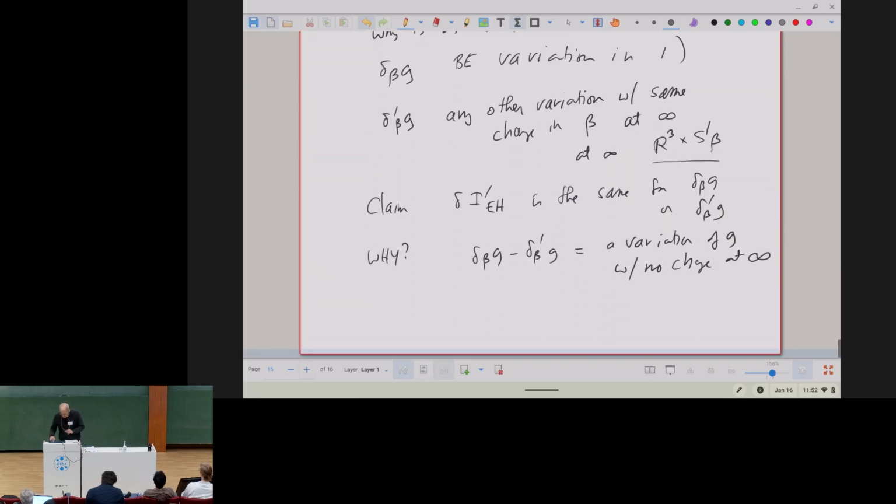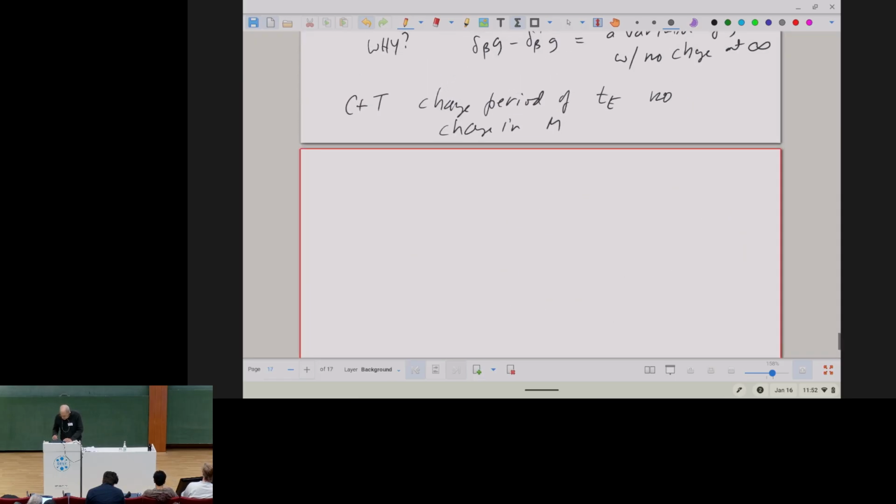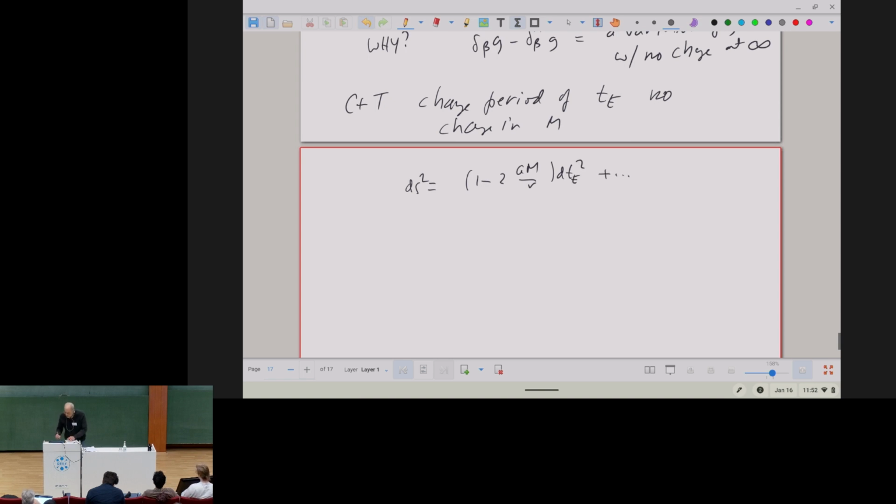So the procedure of Carlip and Teitelboim was just to change the period of TE with no change in the formula. Well, no change in M. In other words, the metric is given by exactly the same formula, and the only difference is that TE has a period that's going to be beta, not necessarily 8 pi GM.